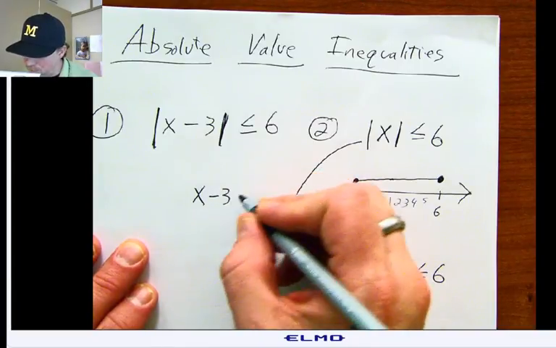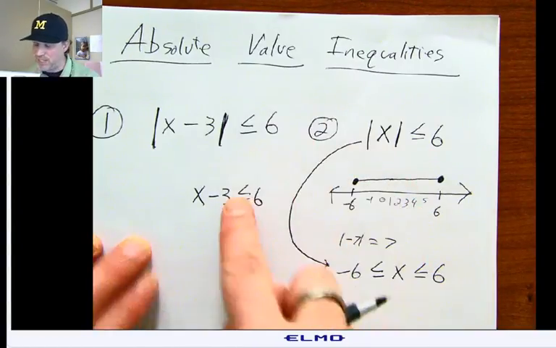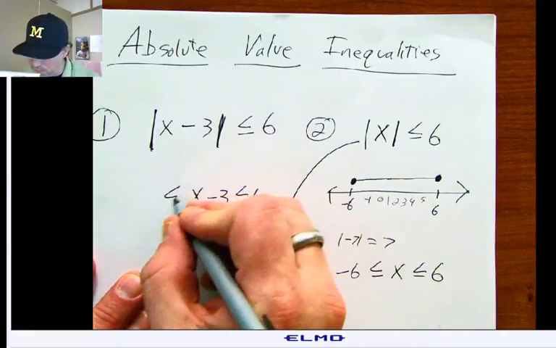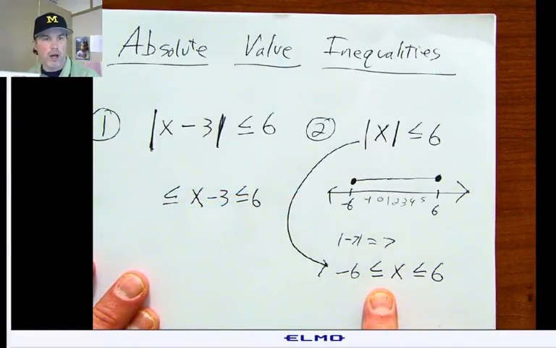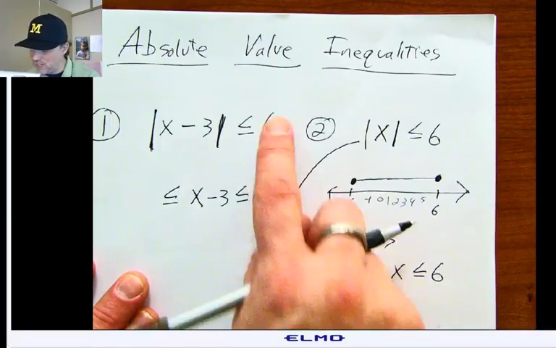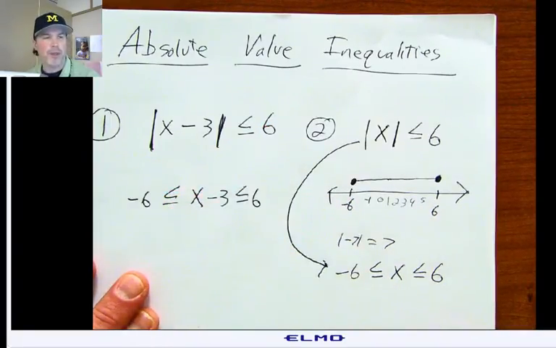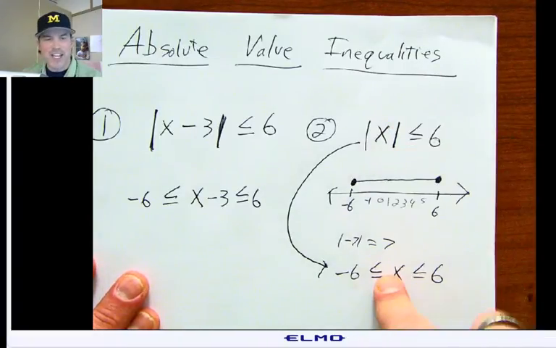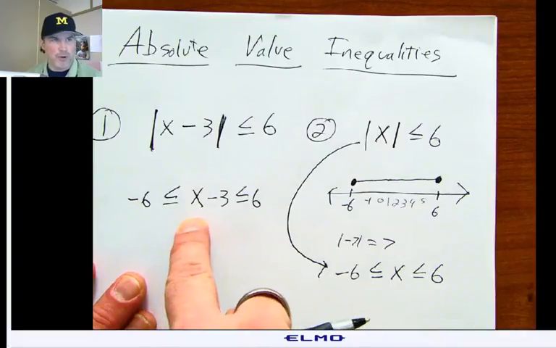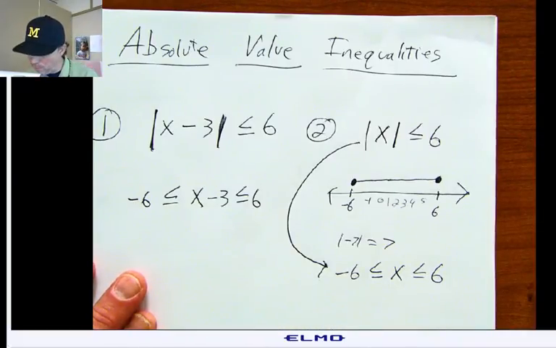I'm going to go x minus 3 less than or equal to 6, just like it reads. And then the inequality continues off in the same direction. And then instead of a positive 6 over here, I noticed they wrote a negative 6. So it would be the same thing here. By understanding the simple situation, I'm able to understand the more difficult situation a little bit more.